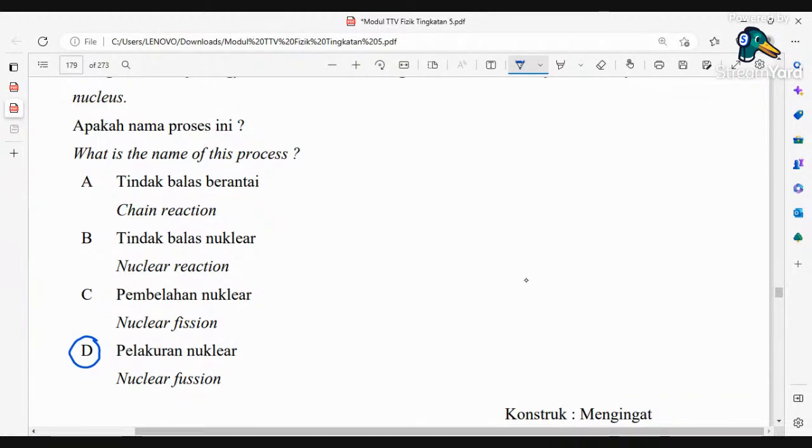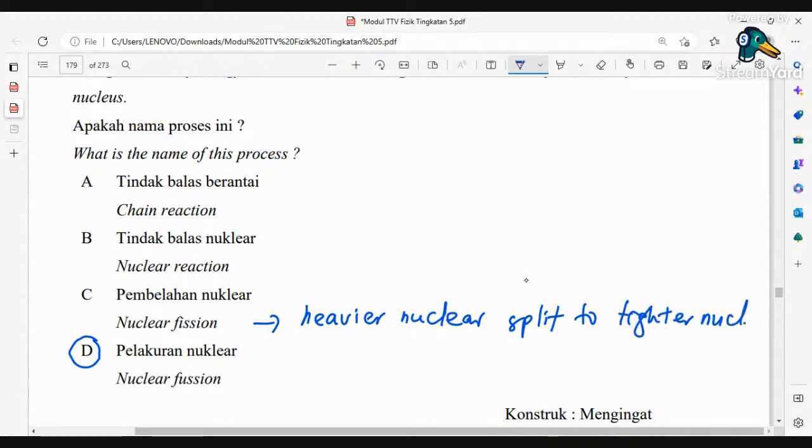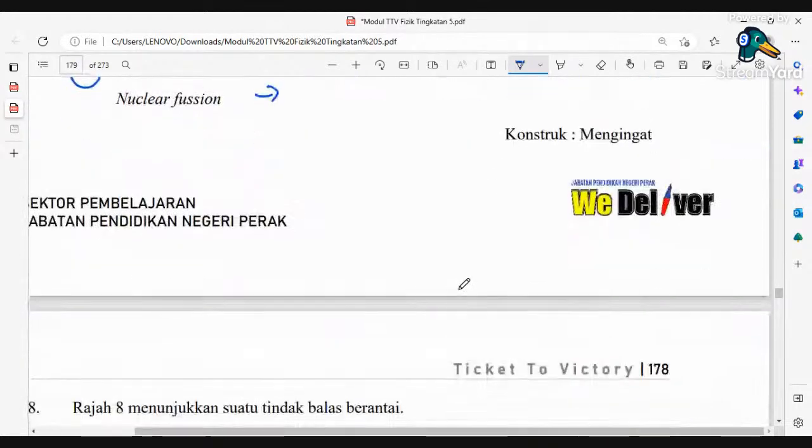If you have another one, fission, a heavier nucleus splits to lighter nuclei. Ini terbalik ya. Kalau fusion, two lighter nuclei combine. Kalau fission dia split, dia terbelah. Kalau fusion dia combine, dia bergabung. Itu beza dia. Fission and fusion.